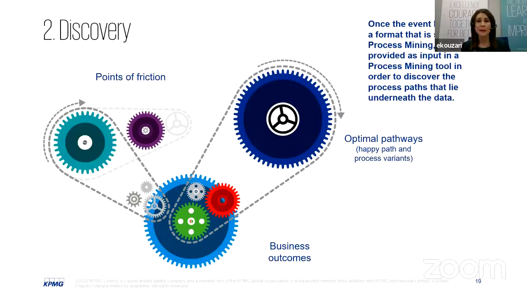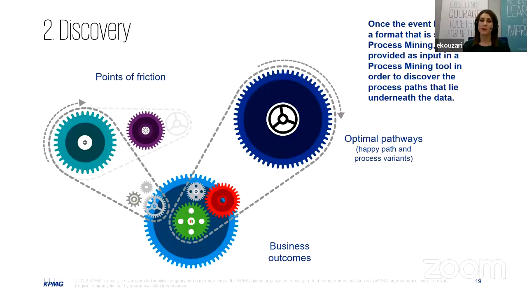If we need to eliminate some steps, or if there are some steps that can be automated, and these are highlighted by the tools, this will help specific process variants to match the happy path. If there are process variants that do not conform to some rules of the company, we can highlight them and investigate them in order to explain this behavior.